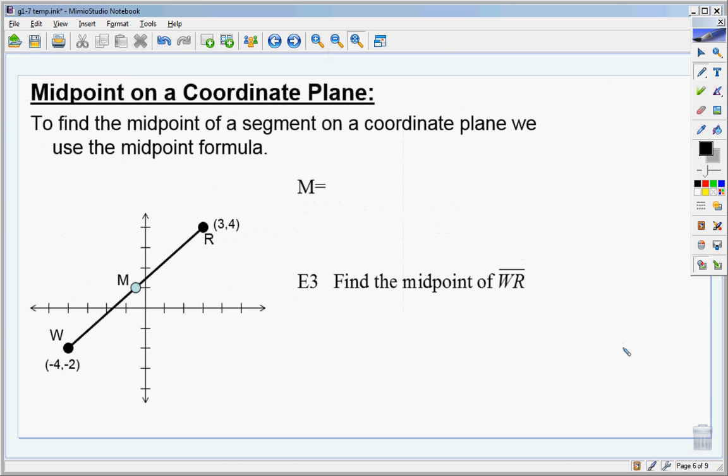Midpoint then is also a formula. All that you need to write down is midpoint on a coordinate plane and the formula. You don't need to write the other sentence that's in there. What you need to know is how to find it.